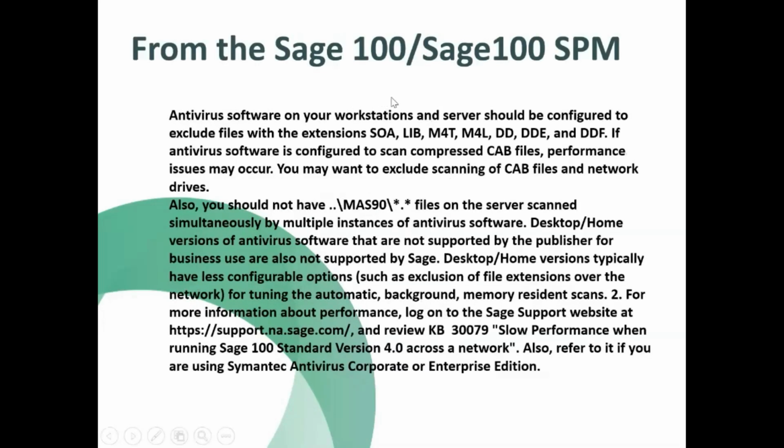This is directly from a page in the Sage Supported Platform Matrix. The Supported Platform Matrix is what talks about the minimum software requirements for your server, your operating system, your workstations, and it's version specific.